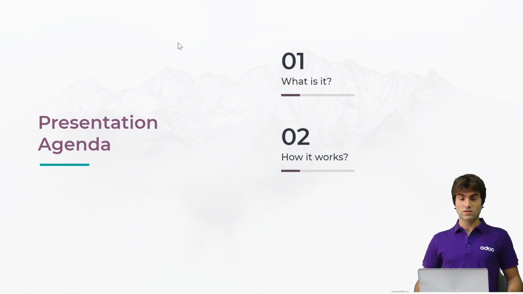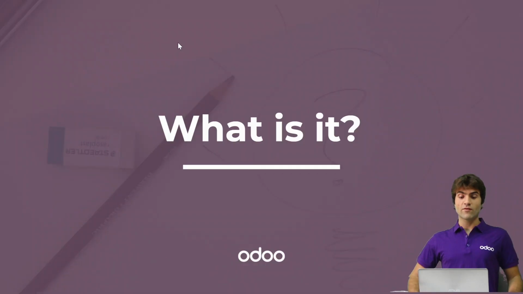What is KeyPay? Let's first of all introduce KeyPay. You may already be familiar with this platform, but as you know, in Australia, some softwares are single touch payroll enabled. Single touch payroll is a regulation that the Australian government released recently, and all payroll softwares must comply to this regulation.